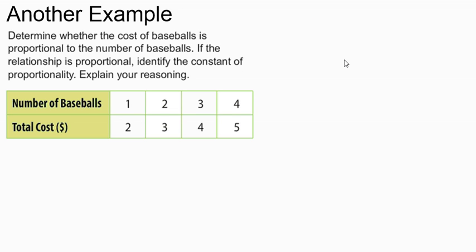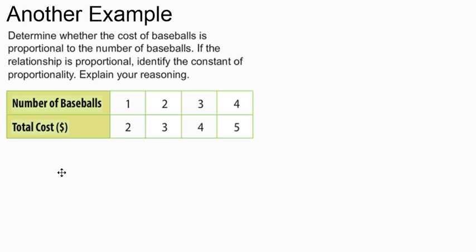Here's another example. Determine whether the cost of baseballs is proportional to the number of baseballs. If the relationship is proportional, identify the constant of proportionality, explain your reasoning. Okay, so again, our first one is usually our x, second one is our y. So we set up y over x, and just like they said here, cost over number.